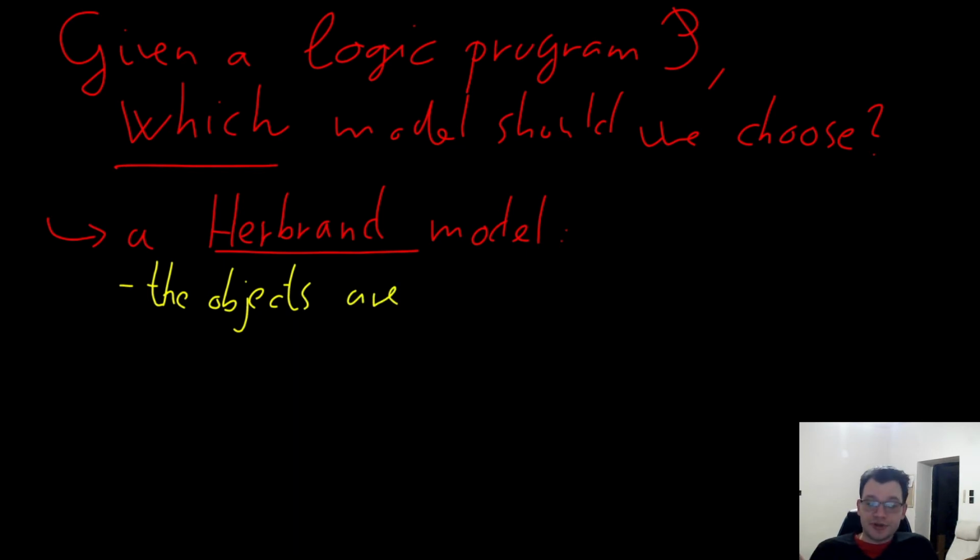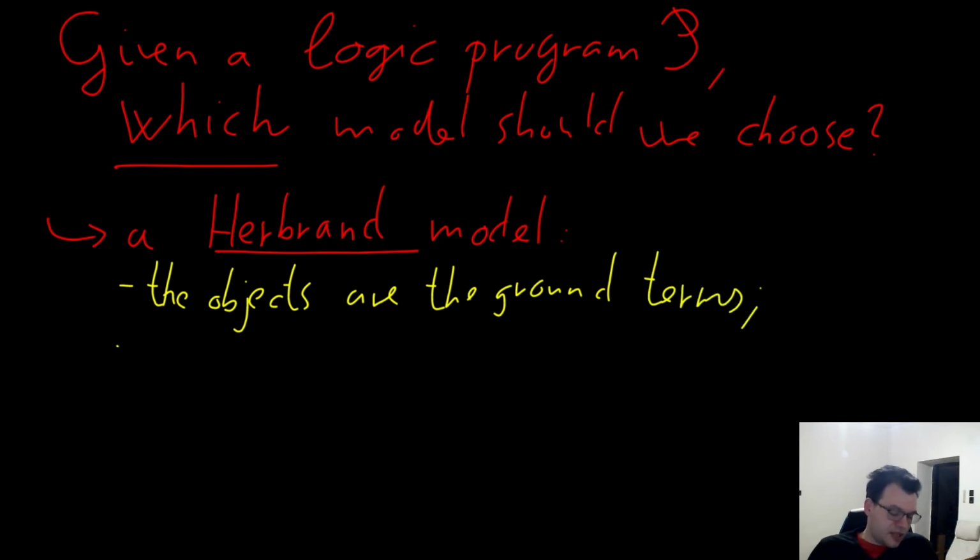So not the numbers, not the weeks of the day, not the natural numbers, not the real numbers, but the ground terms. The objects are the ground terms. And the function symbols are interpreted by themselves. I will get back to this in a couple of minutes.